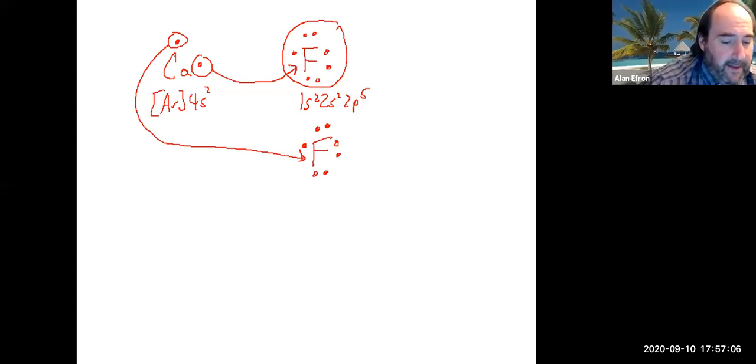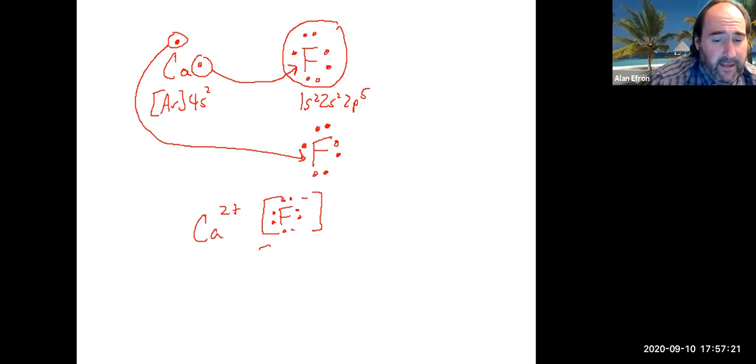And what ends up happening in this case is we do form a calcium with a +2 charge. And we end up with a fluorine that has gained 1 electron and becomes -1 charge. And we end up with a second fluorine that has gained 1 electron and has become now -1 charge.